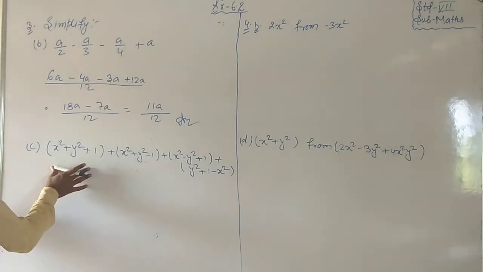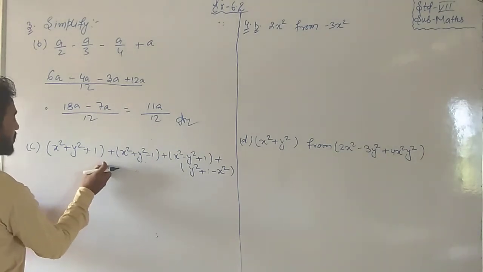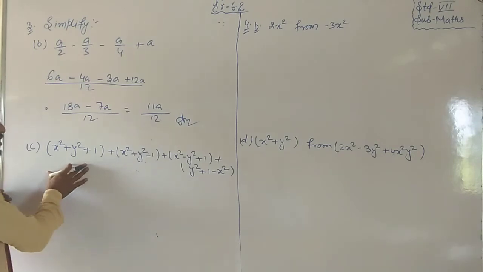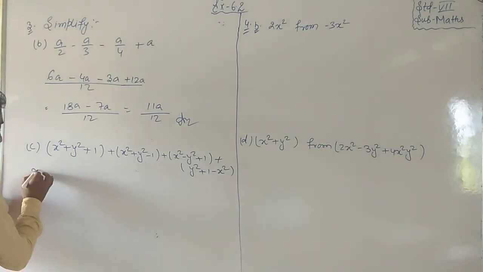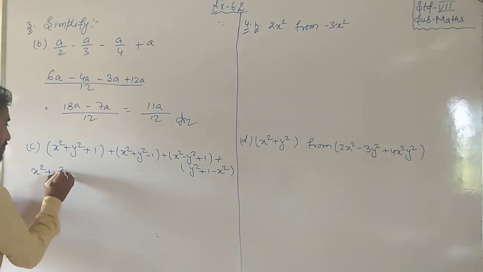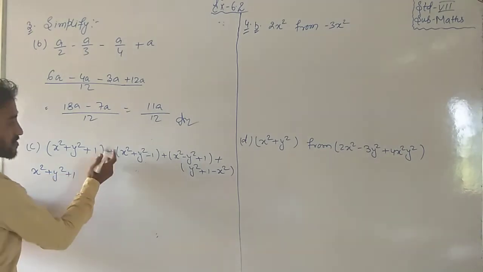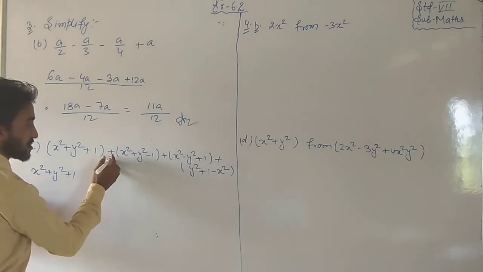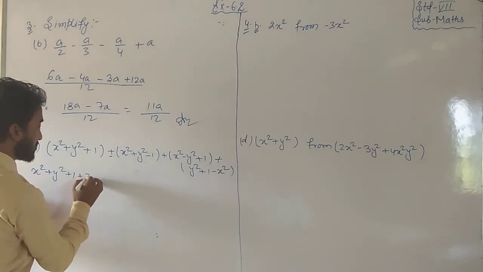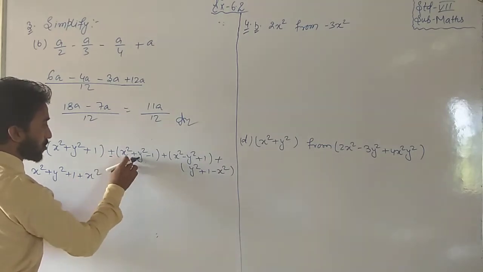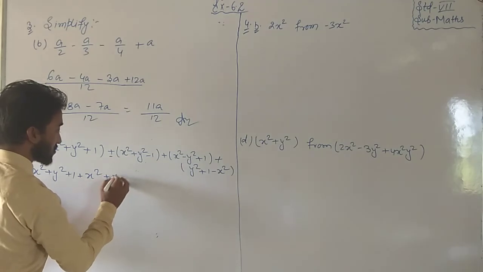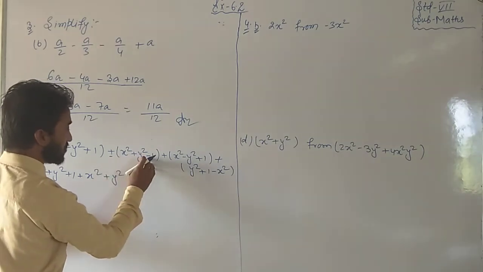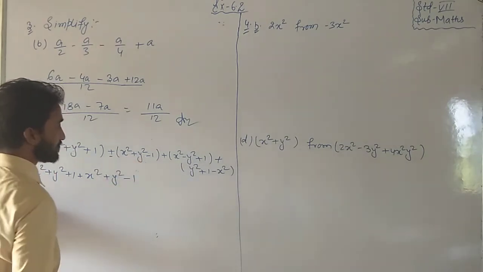See here, x square plus y square plus 1. If we remove the bracket, what will the expression be? Positive into x square, positive into positive y square, positive into negative 1.